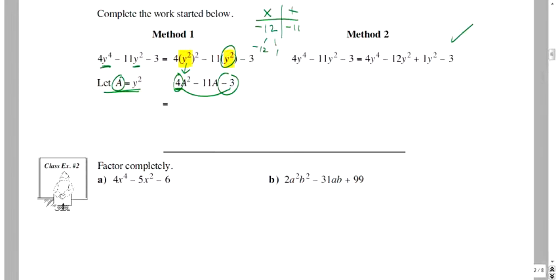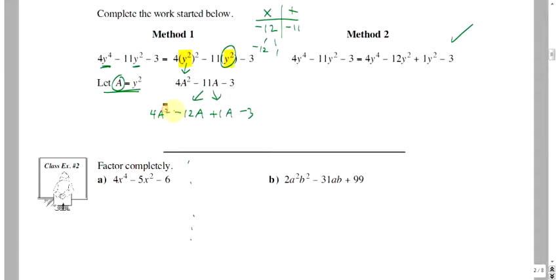I see people make a mistake here and they do all this work and it's wrong because this little simple thing they didn't check. Do those multiply to negative 12? Check. Do they add to minus 11? Yes.